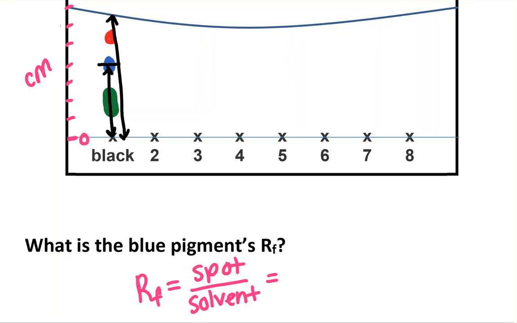So let's see. Let's number this. It looks like the blue is pretty much on that 4. So I'm going to put 4.0 centimeters for how far the blue moved. And then for the solvent, I'm looking up here, and I'm going to estimate that as 6.5.